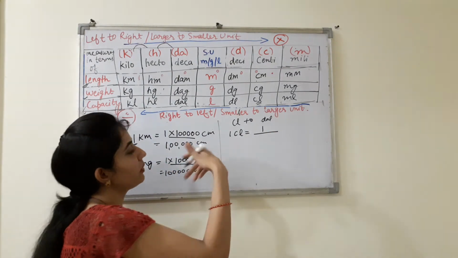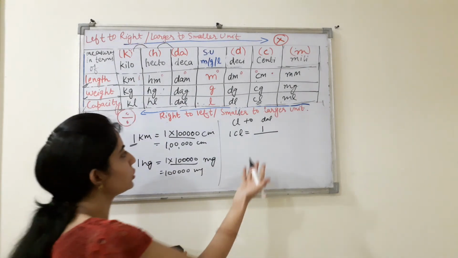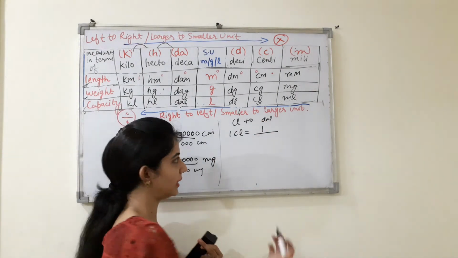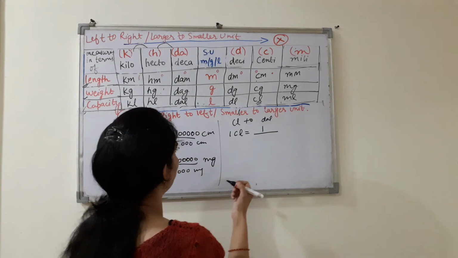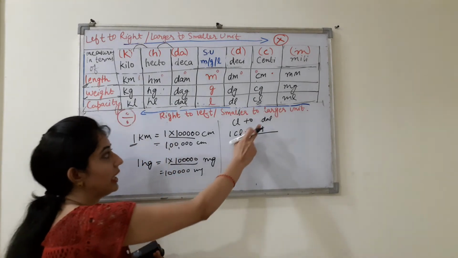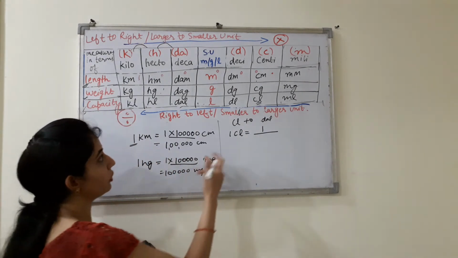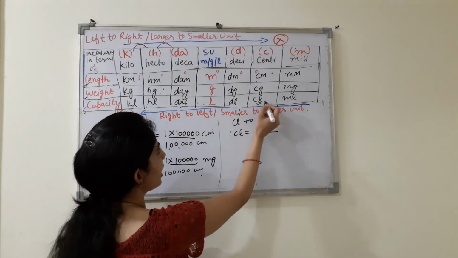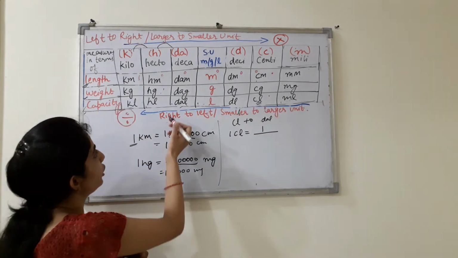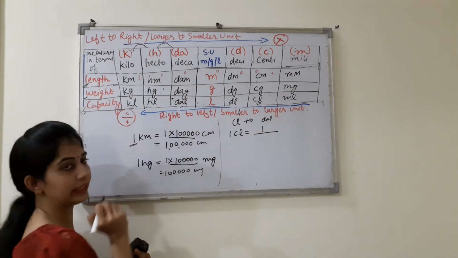Okay? If we had to convert 20 centiliter, then we would divide with 20. Okay? So now here 1 divided by the number of decaliter in centiliter, that we will know. So we are here on centiliter, we want to go to decaliter, right?